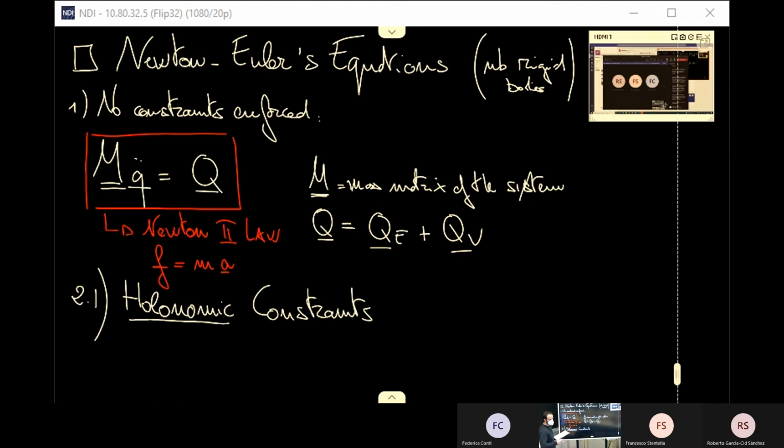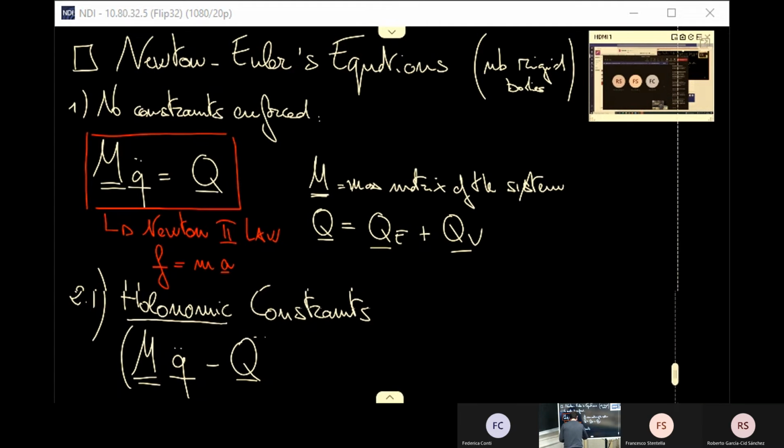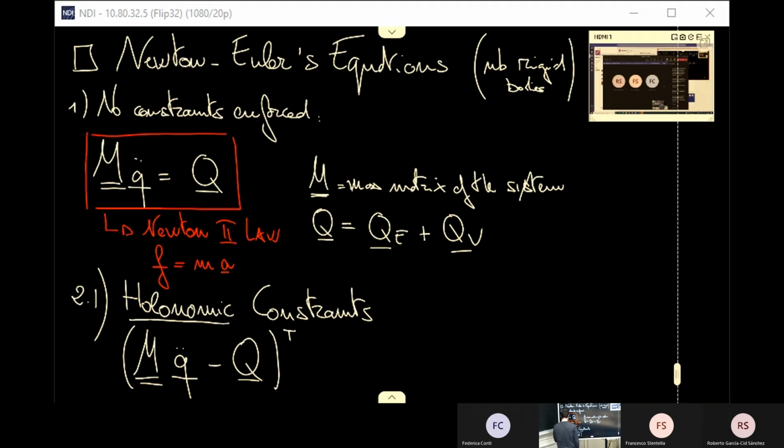Now, what we do, if you remember, in this case, is to go a step back and start from the D'Alembert-Lagrange formulation of the equations of motion. Okay, so we basically start from here. Okay, that's usually where we start from.